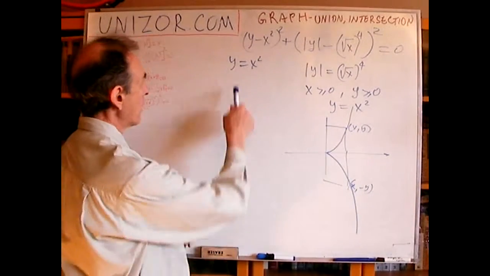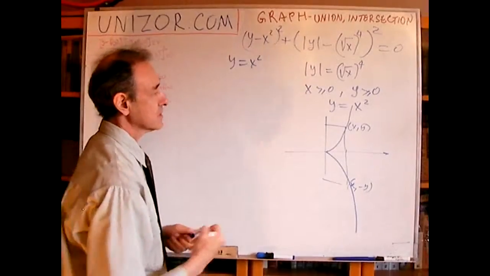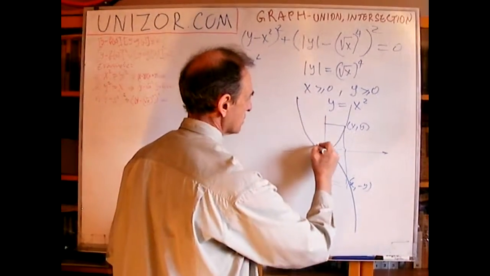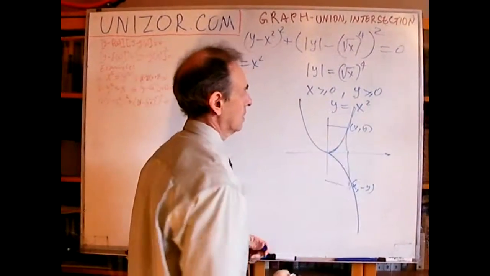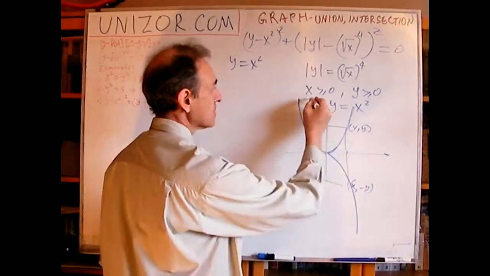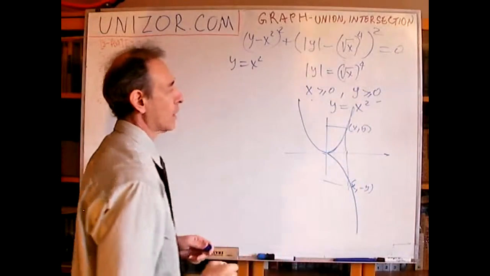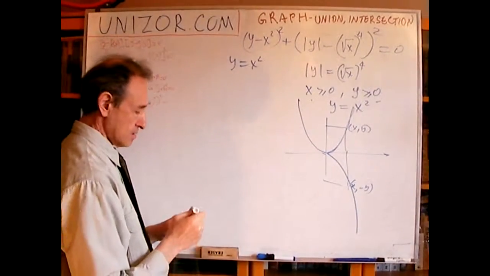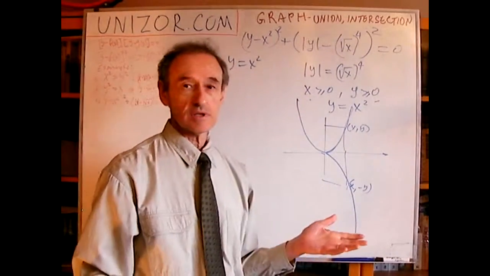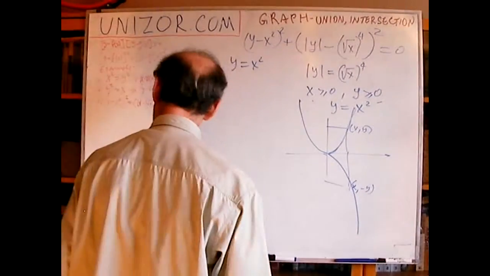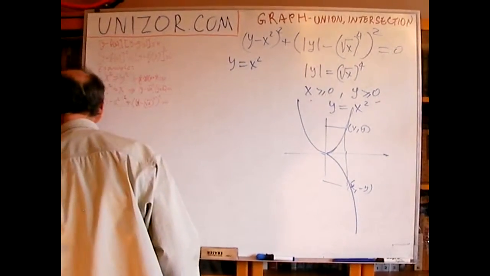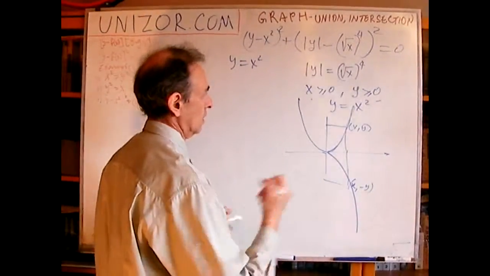Now, let's go back to this one. This is a regular parabola, which means it goes this way, coinciding with this one in the first quadrant of the coordinate plane. So what's the intersection between these two? Obviously the intersection is this part.